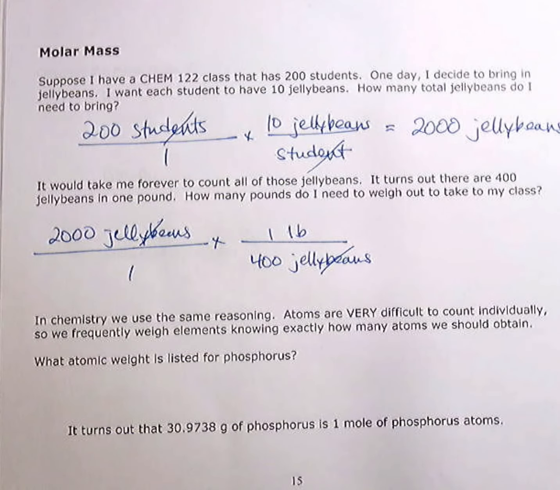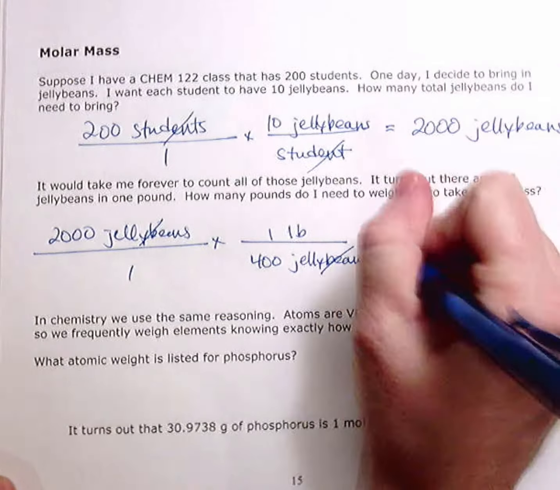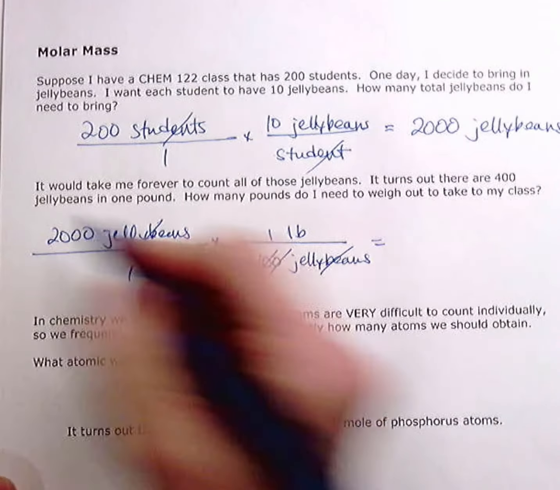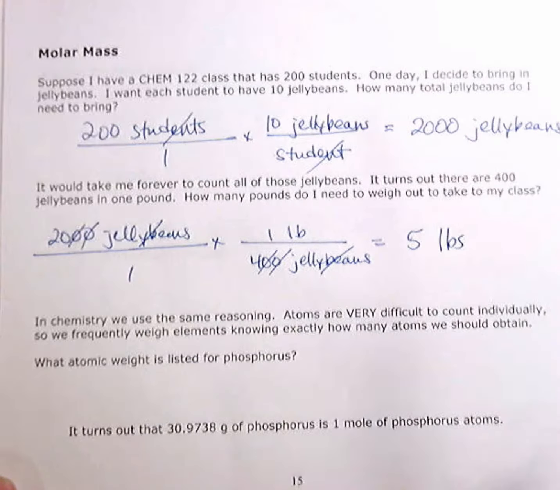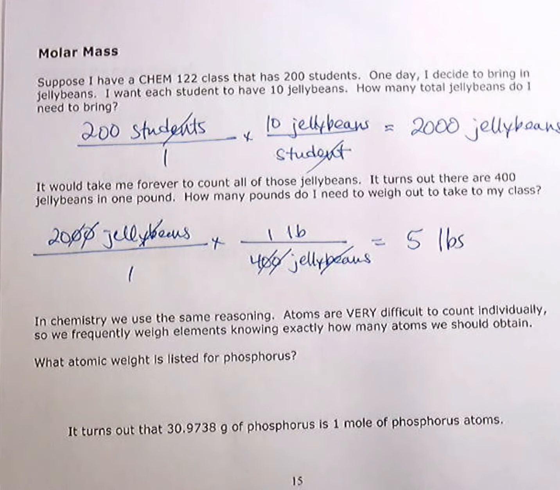With all the germs and sickness. So let's see, 2,000 divided by 400. So that would be 5 pounds. So I need to weigh out 5 pounds of Jelly Belly jelly beans to bring to my students, and probably a little bit extra, right? If I'm going to eat some on the way to class.